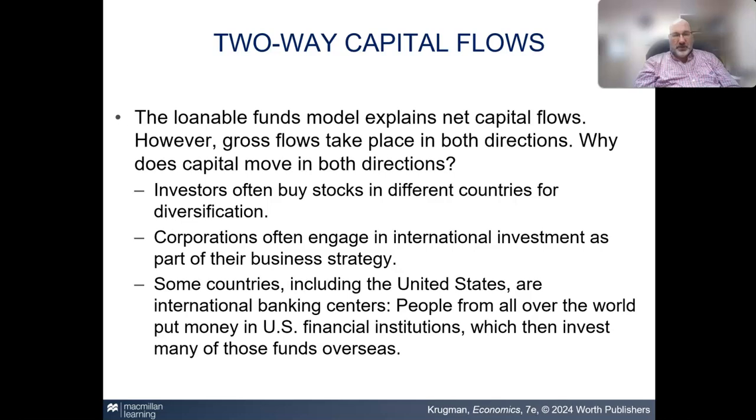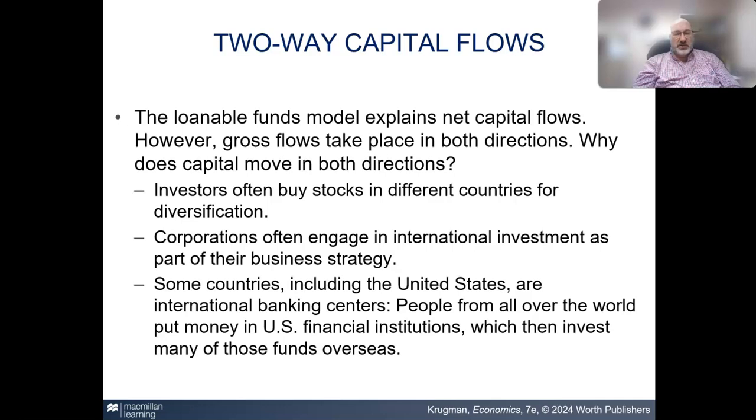So the loanable funds model explained net capital flows. However, gross flows take place in both directions. So why would it go in both directions? There is good reason for that to happen. Investors buy stocks in different countries for diversification. Corporations engage in international investment as part of a business strategy.